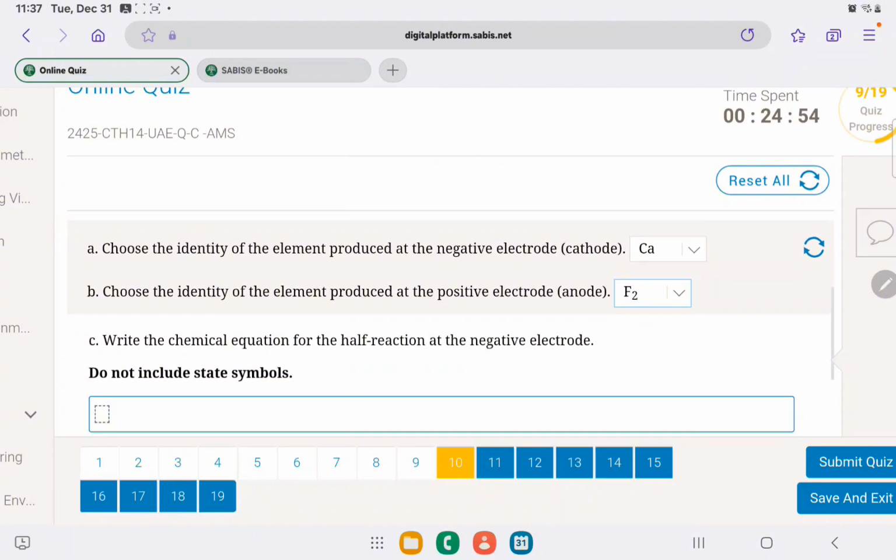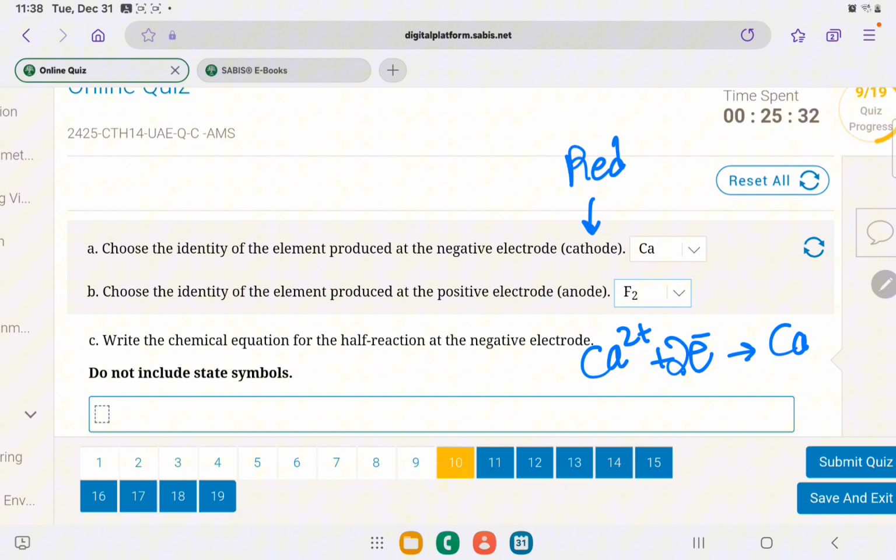Write the chemical equation of the half reaction at the negative electrode. So at the cathode we have reduction. So the electrons are in the reactants. So Ca 2 plus, plus electrons to give Ca. And to balance it, you have 2 plus, so we're gonna need 2 electrons to make it Ca.